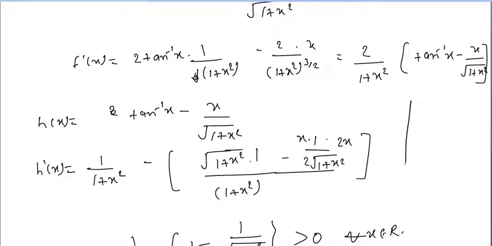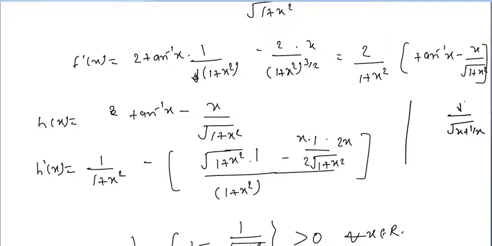I think you are a little bit confused about why this is positive. Tan inverse x is, and here it is minus x divided by 1 plus x². So this part you can write as 1 divided by root under (x plus 1 by x). And it is given that x is always greater than 0, so this part is always greater than or equal to 2.